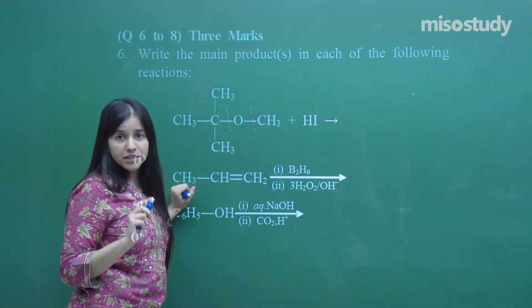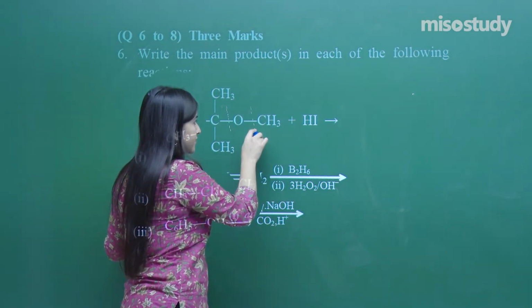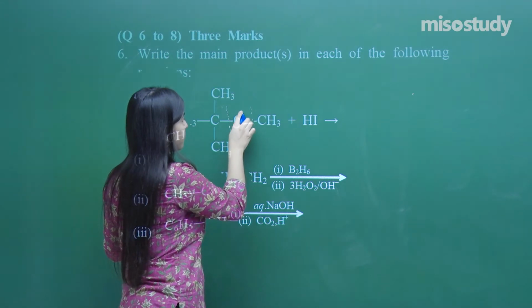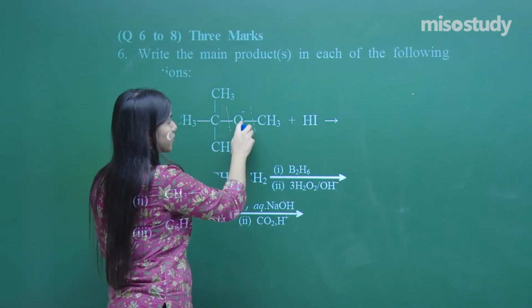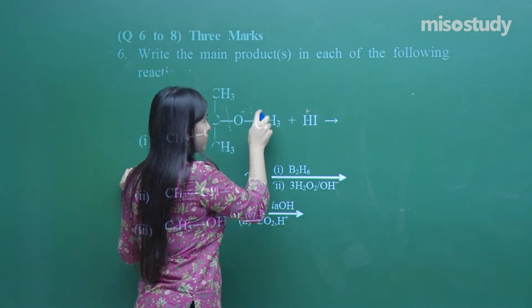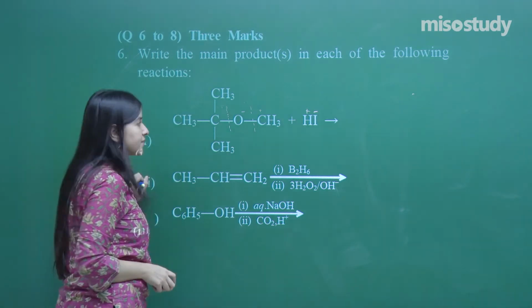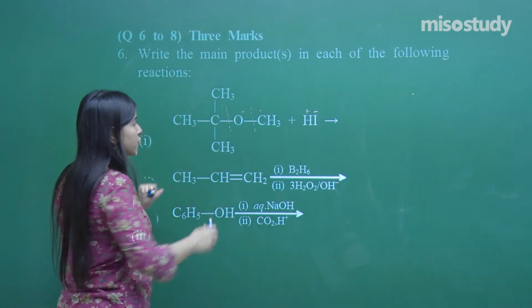I'll just tell you what stability I'm talking about. If you break this, then this entity O negative will be produced. So the positive part will get attached, and to the positive part, the negative will get attached, right? HI this is. And that is how you need to break.